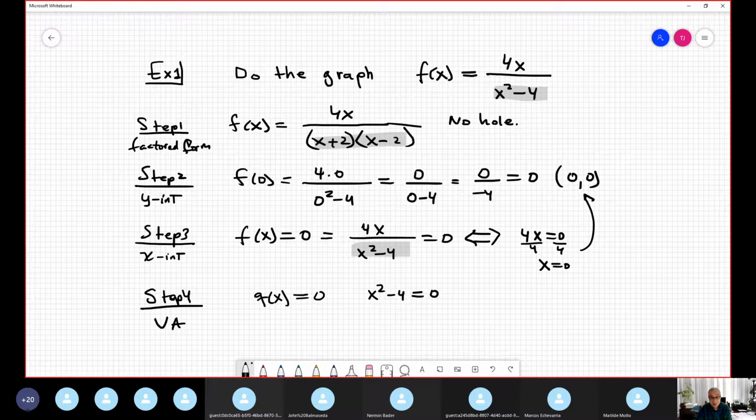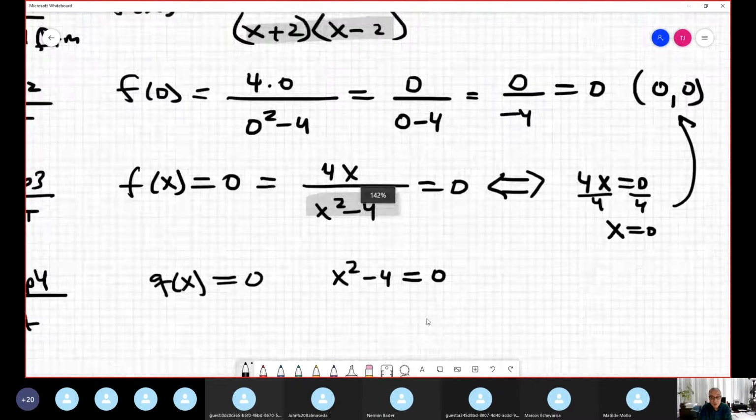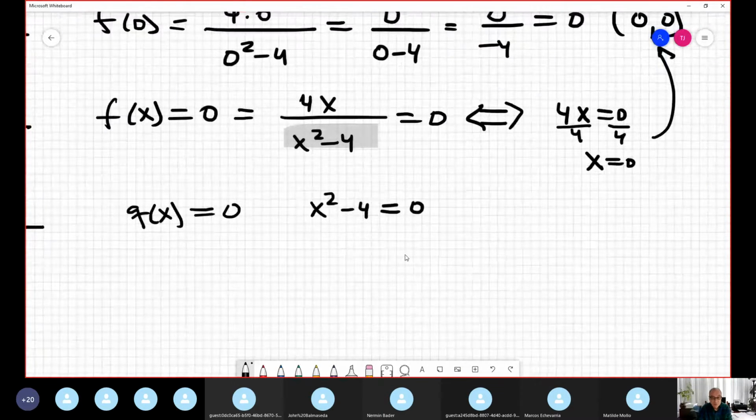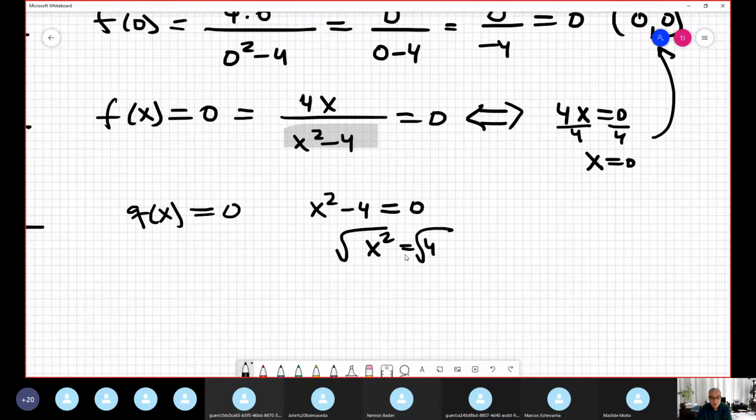You can do it by factoring, or you can do it without factoring. Either way, in this case, the easy way is to solve this quadratic equation. X squared equals 4, apply square root on both sides. X equals plus or minus 2. So we have two vertical asymptotes, 2 and negative 2.